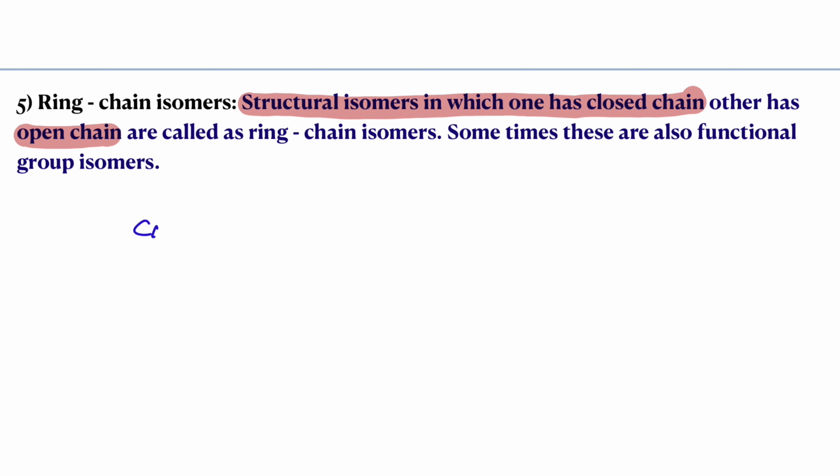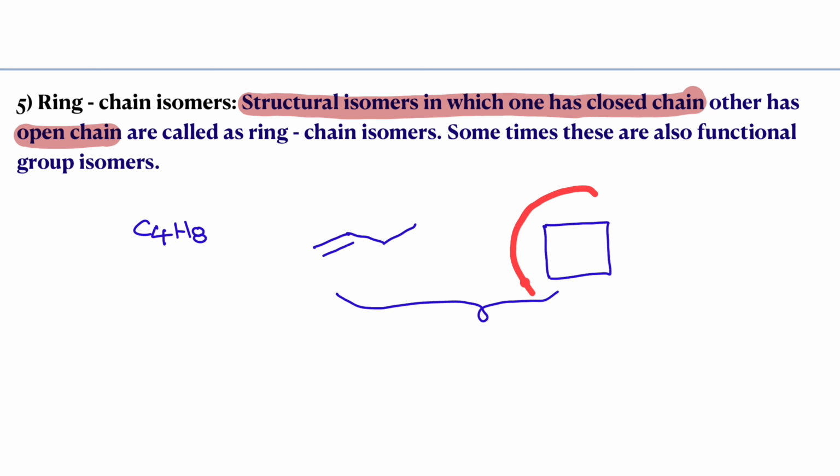Already we discussed, so that is C4H8. In case of C4H8, for example, one is an open chain compound, and another one I am taking is a closed chain compound. So these two are also known as ring chain isomers. In one isomer it should be a closed chain, in another isomer it should be an open chain. So these are the definitions of various structural isomers.